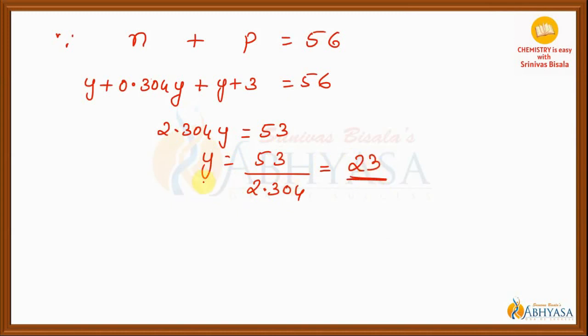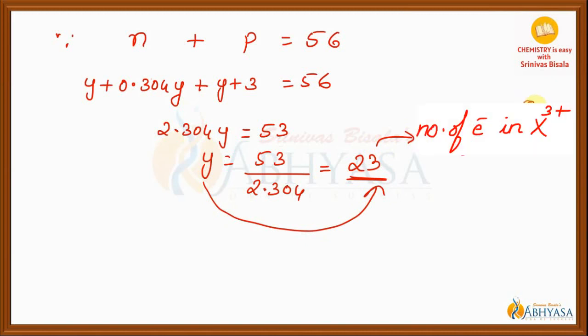What is 23? This is nothing but equal to Y. And what is that Y? Y is nothing but the number of electrons in X3+. So what will be the number of electrons in the neutral atom? This is nothing but Y plus 3.